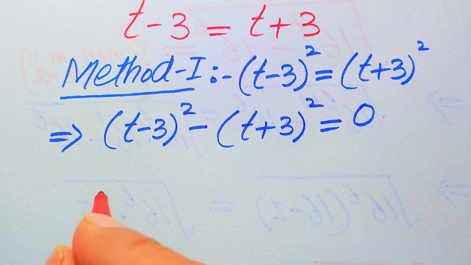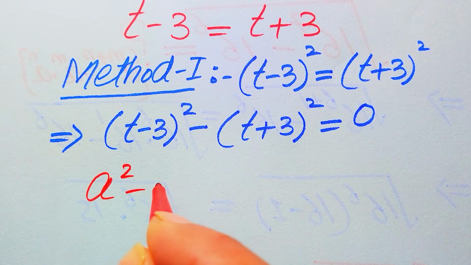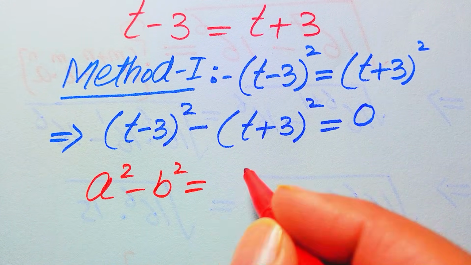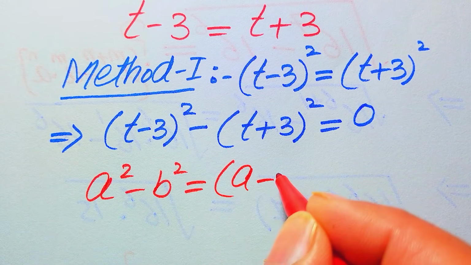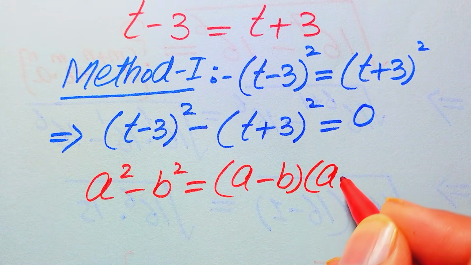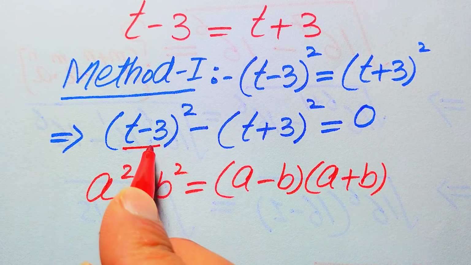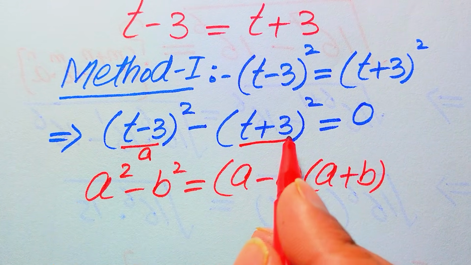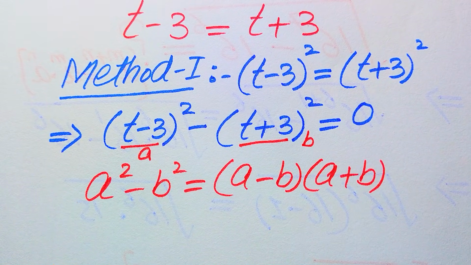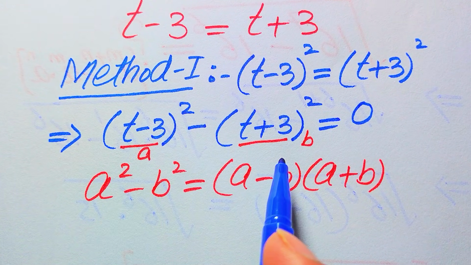So here we apply the nice algebraic formula. You know that a square minus b square is equal to a minus b times a plus b. So you see here the base of this term is our a and the base of this term is our b. It means that the value of a is t minus 3 and the value of b is t plus 3.